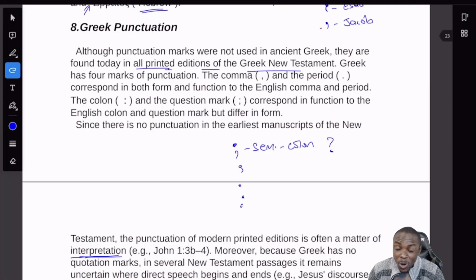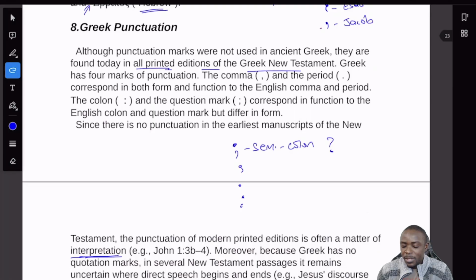Did Jesus quote John 3:16, or did the author write John 3:16 based upon his understanding of what Jesus was saying to Nicodemus and all of that? Anyhow, this is not the class for that, but the punctuation to some degree determines how speech flows.